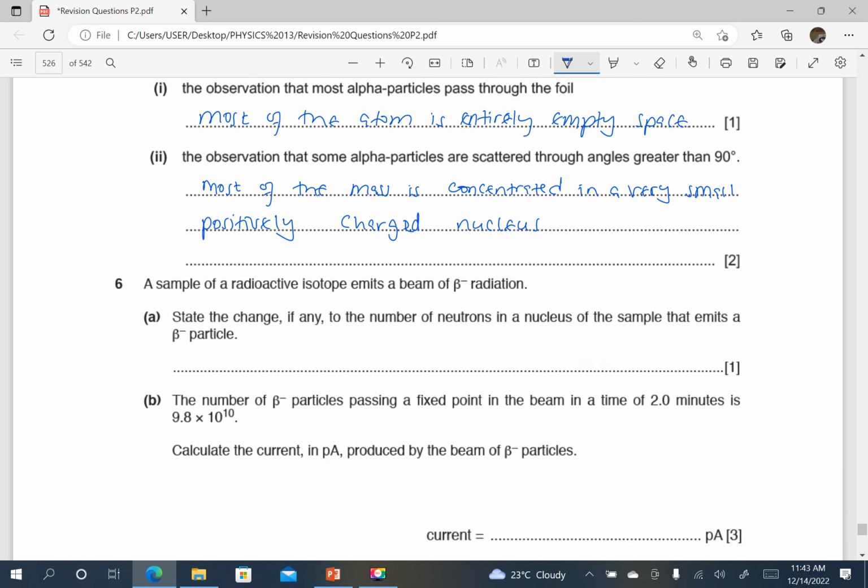Okay, so most of the mass is concentrated in a very small positively charged nucleus.